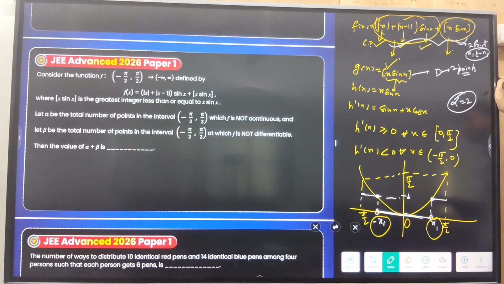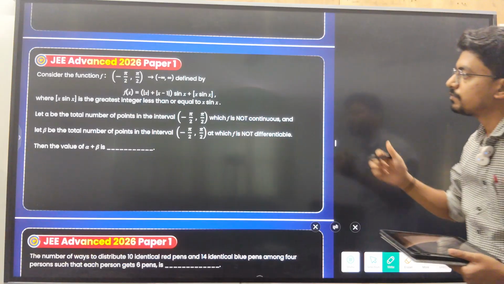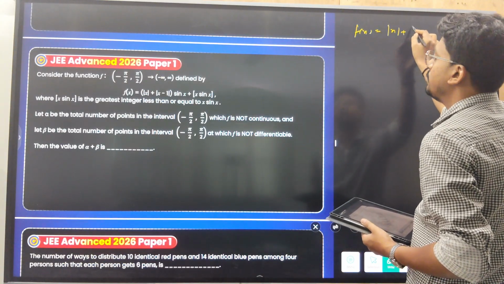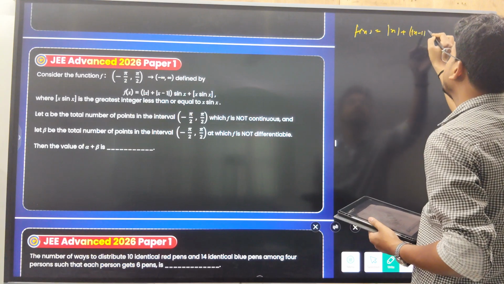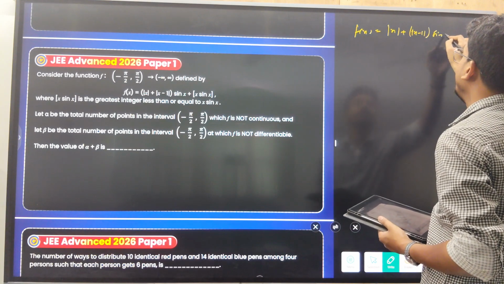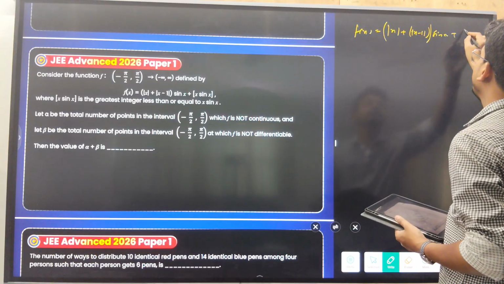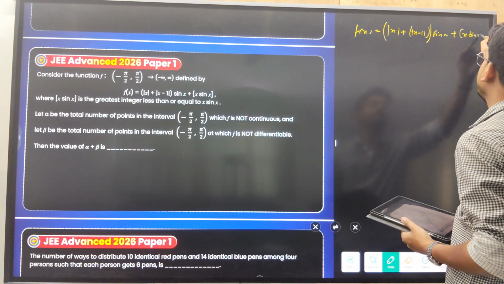Now we have to check the number of non-differentiable points. f(x) is given as mod x plus mod x minus 1 times sin x plus box of x sin x.